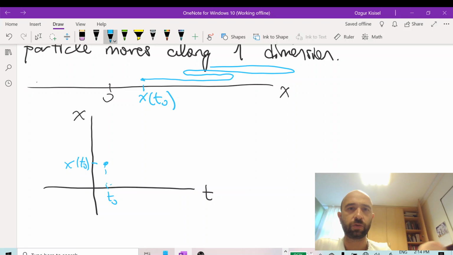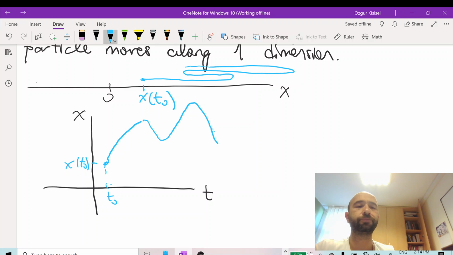Then according to this pattern, the graph would be something like x increases, and at this point it decreases back a little bit, then begins to increase again further, and then decreases. So the top diagram describes the motion, and the graph is the graph of the function x with respect to t.